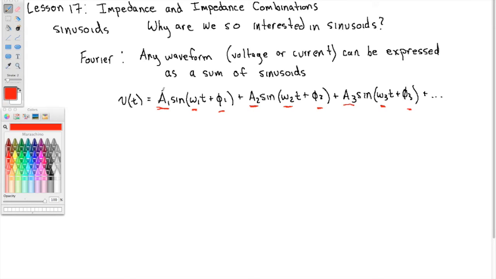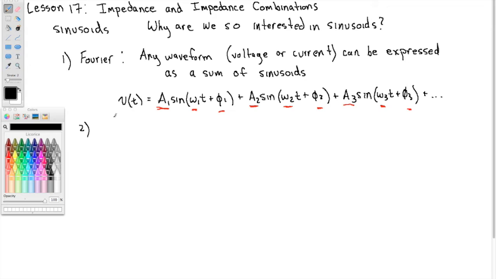So you will not learn the ingredients, the A's, the omegas, the phis. But you should know that this result exists, that we can write any waveform as a sum of sinusoids. That's number one. That's a very powerful thing there.